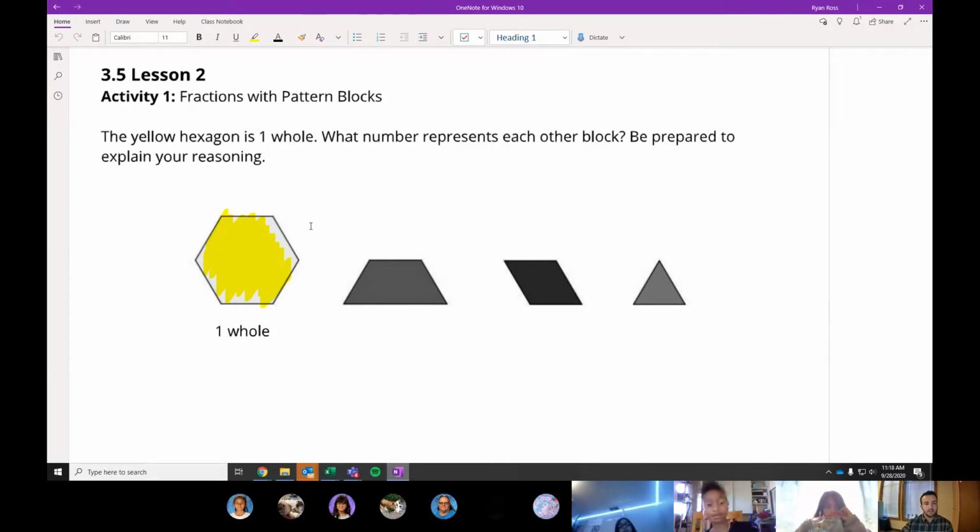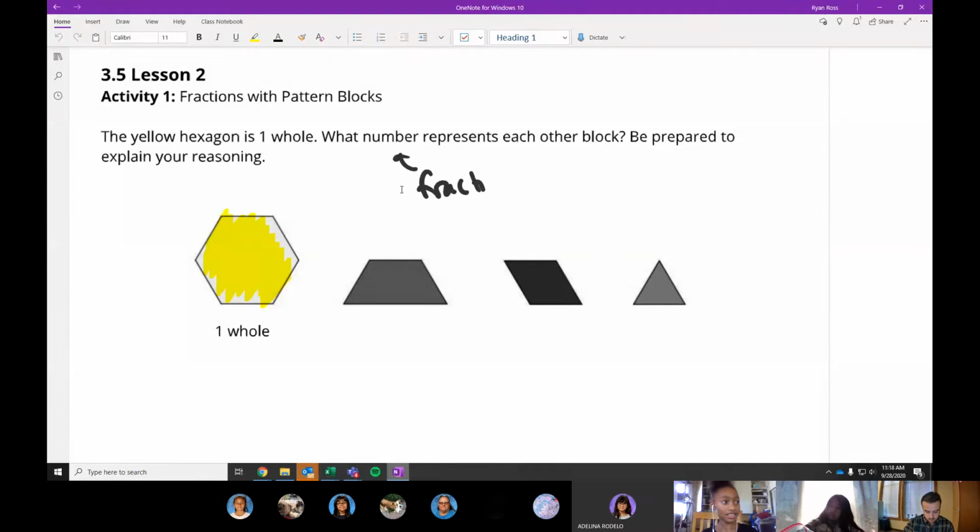The yellow hexagon is one whole. Okay, so that's one whole unit. That's what we're basing one off of. What number, aka what fraction, represents each other block? Be prepared to explain your reasoning.